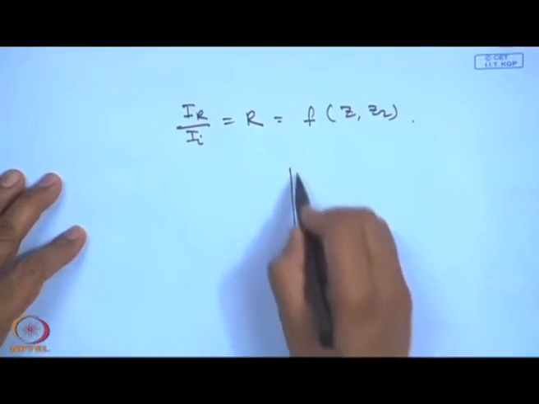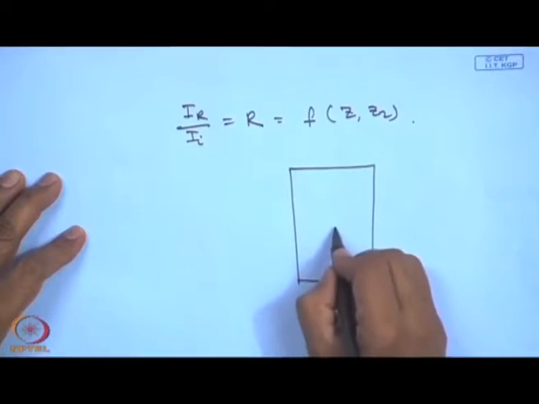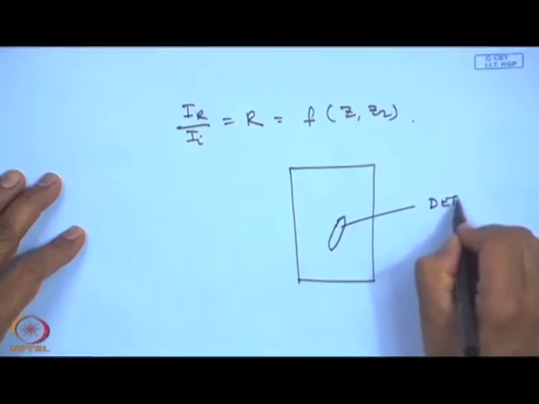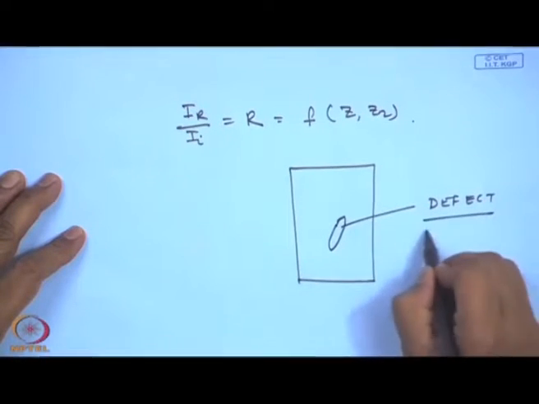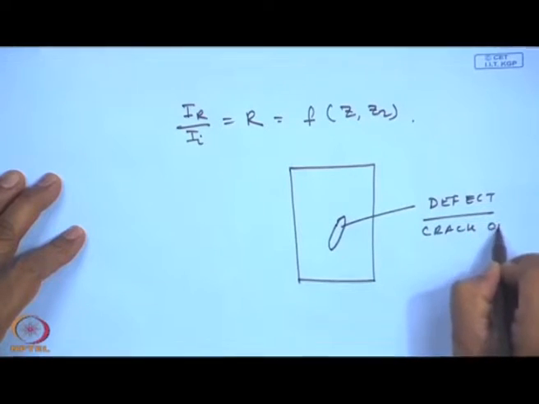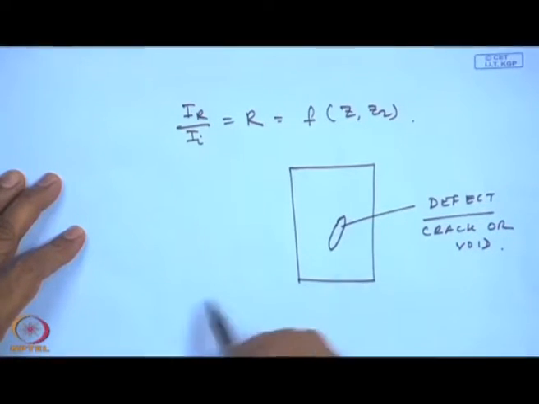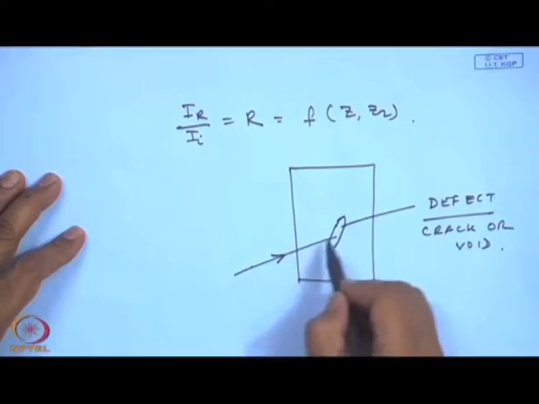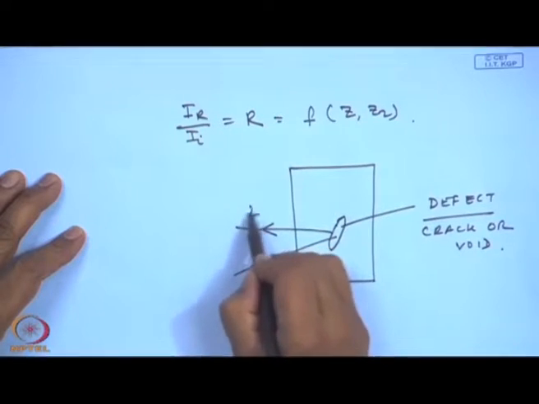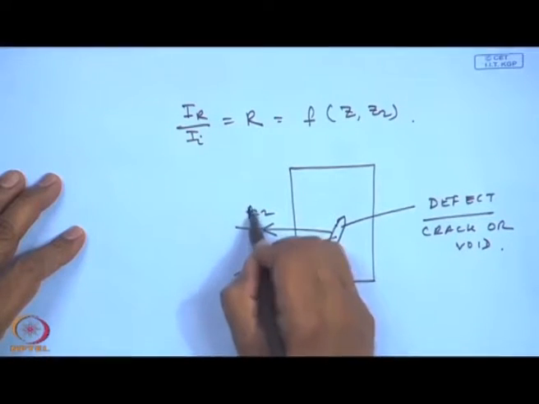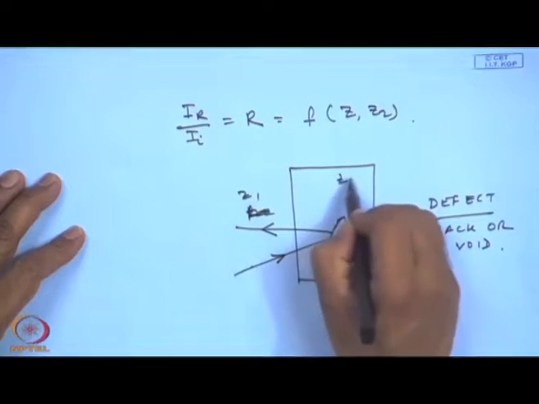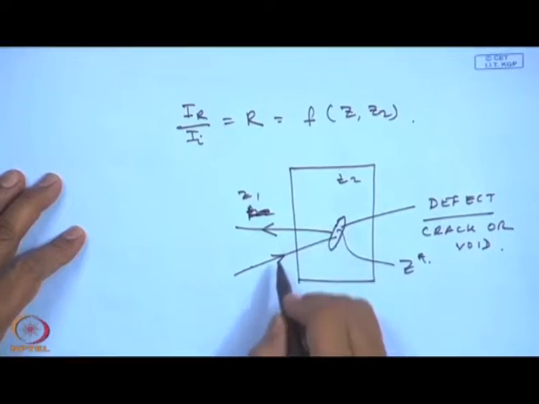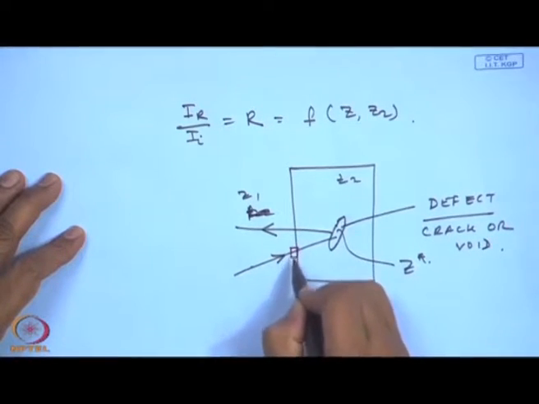Now, if there is a defect in the material, say in the form of a crack or a void, this wave front is going to get reflected, sorry, there will be Z 1, Z 2 and some new Z star. Now, this is a probe.